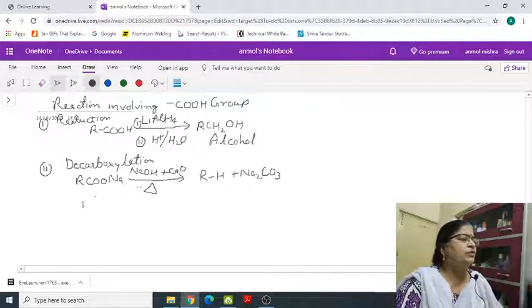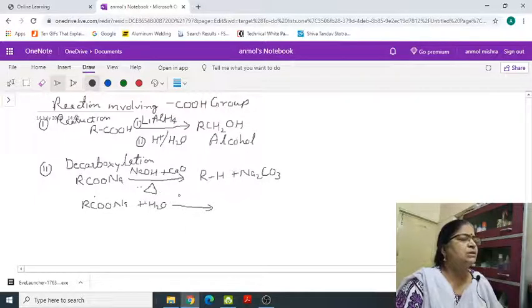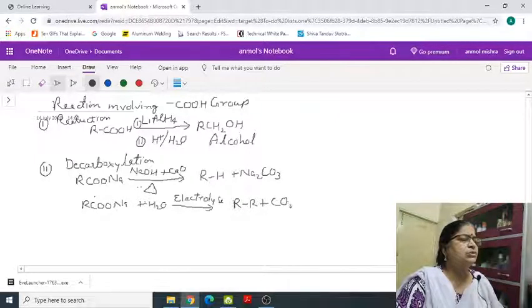Now, if you electrolyze sodium carboxylate, then it forms alkane plus CO2 plus H2 plus NaOH.